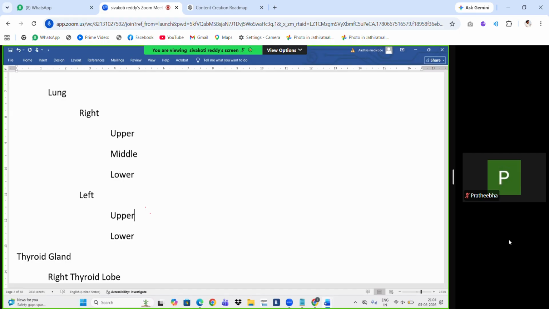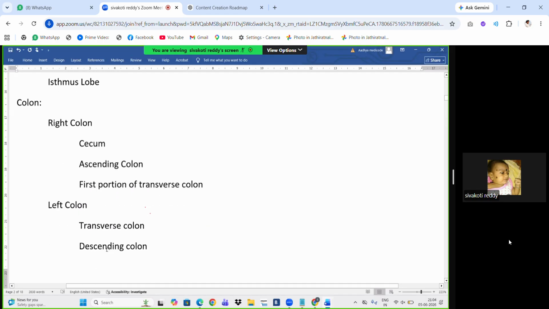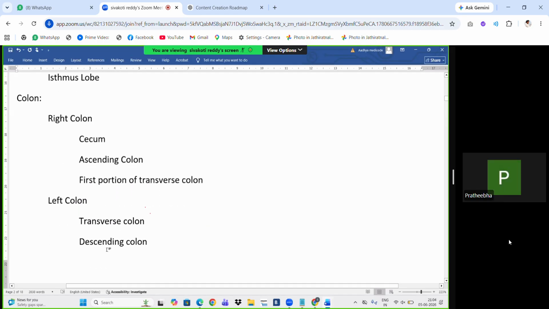Resection. Complete lobe removal also resection, or complete lung also resection. Sir, if it is only the middle right lung, what is it? Any lobe, not only lung. In any body part, if they do lobectomy, in liver, thyroid or lung, any lobectomy.